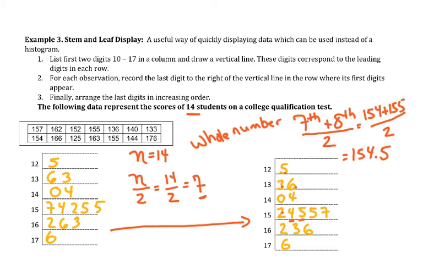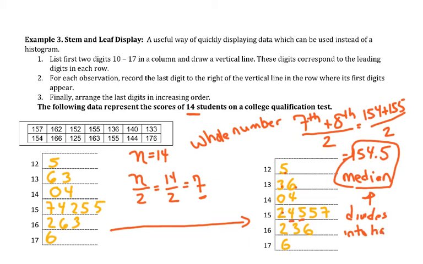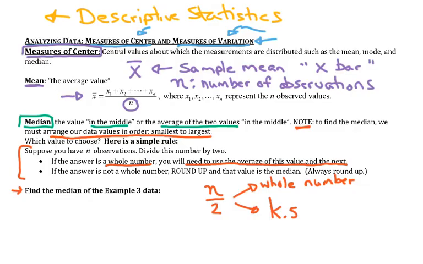Now, this creates a new value. This is not in our data set, but this divides the data in half. Later, we'll talk about dividing our data in quarters, so it's important to understand what the median does.